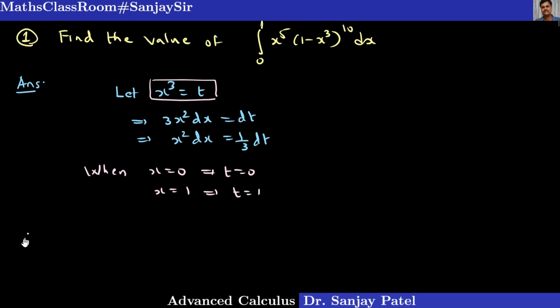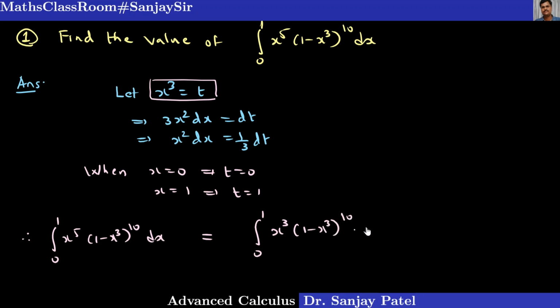This gives us integral 0 to 1 x raised to 5 into (1 minus x cube) raised to 10 dx is equal to integral 0 to 1 x cube into (1 minus x cube) raised to 10 into x square dx. So I am splitting this x raised to 5 as x cube into x square.